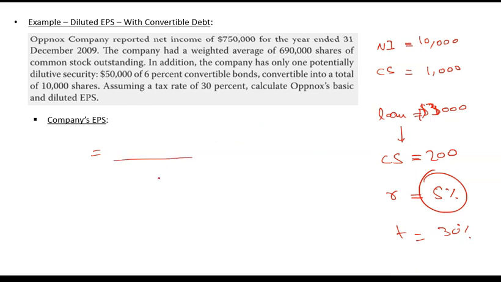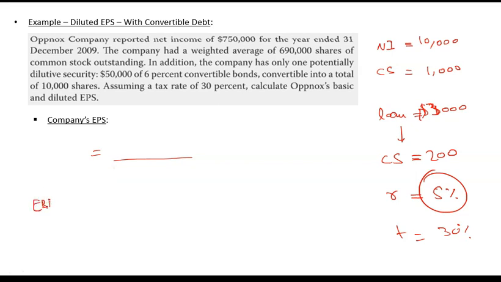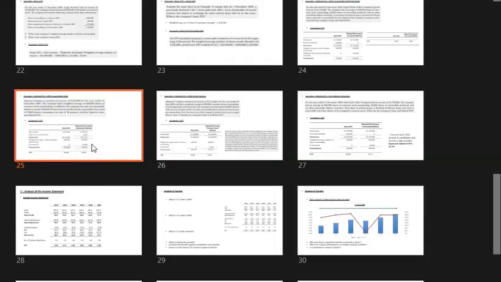So what is the formula for EPS? The formula for EPS is net income divided by number of shares outstanding. Net income is 10,000. But when I calculated this net income, I would have subtracted some interest expense. My income statement would have been earnings before interest and tax minus interest expense minus taxes to arrive at net income.